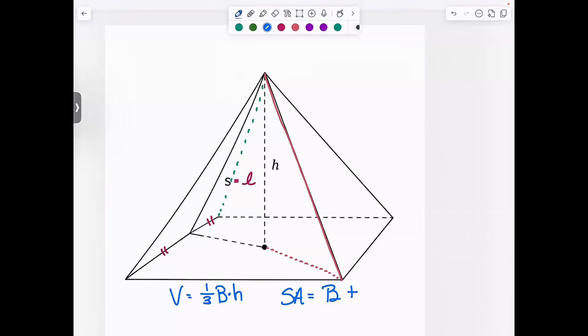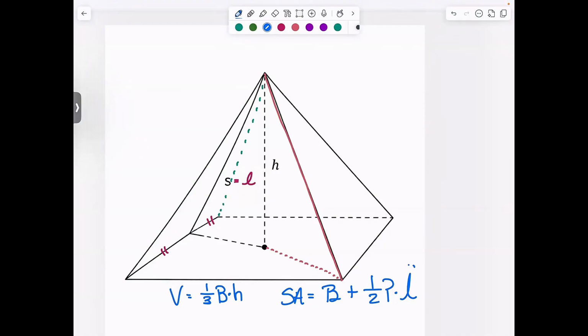For surface area, or surface SA, we would do, again, the area of the base, and then we would also add 1/2 perimeter times our slant height. That's what you'll traditionally see in most books for the definition of surface area when it comes to a pyramid. And really we're just adding up all the triangles. So perimeter just represents each base of each of those triangles, and then we're taking that times the slant height and then multiplying by 1/2.